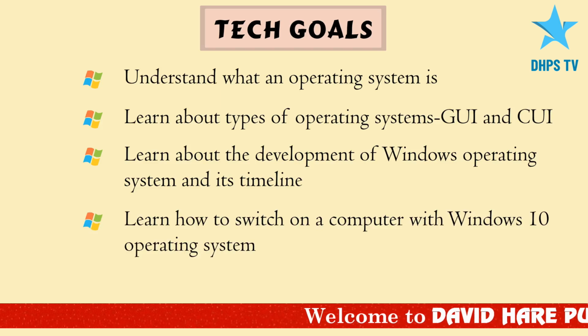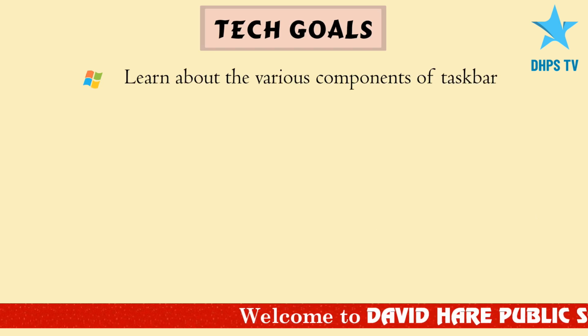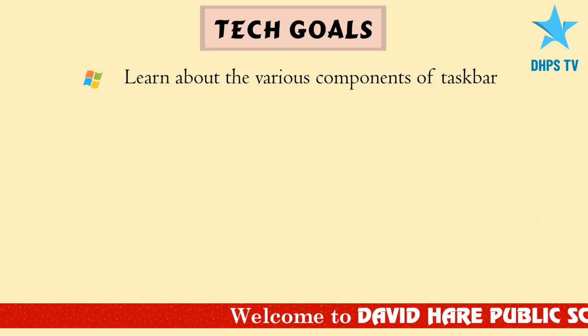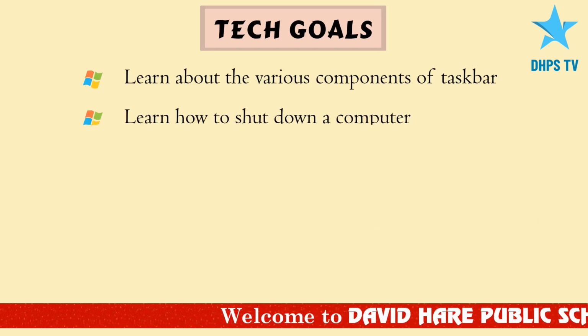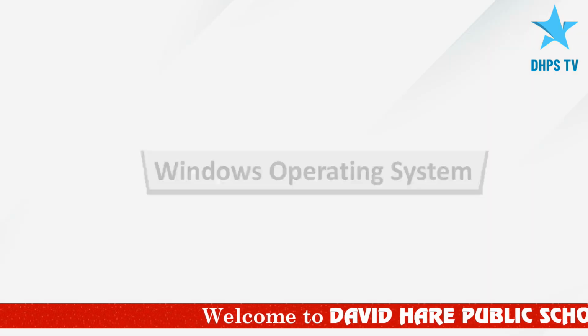Learn how to switch on a computer with Windows 10 operating system. Identify the various parts of the desktop. Understand the functions of the parts of desktop. Learn about the various components of taskbar. Learn how to shut down a computer.